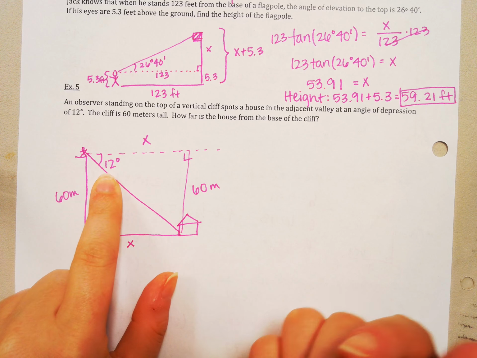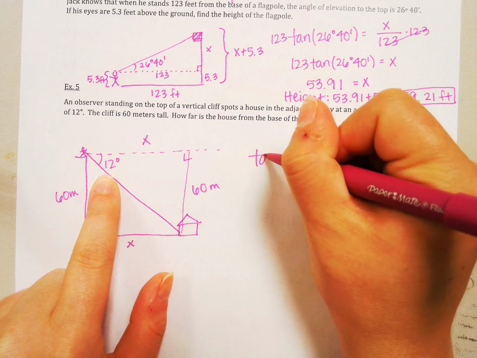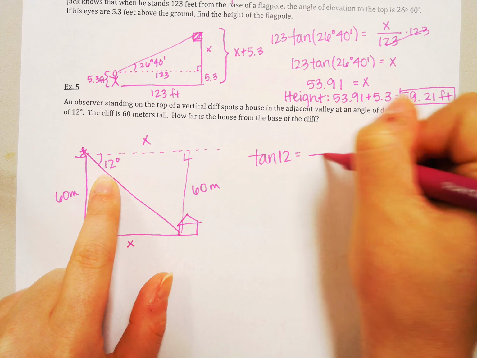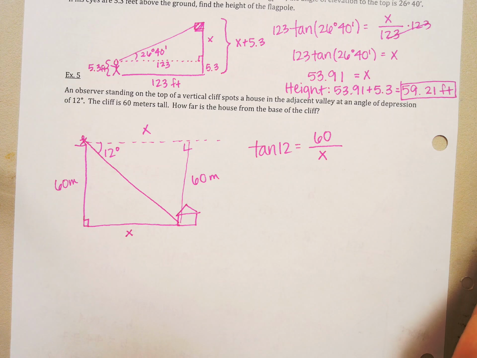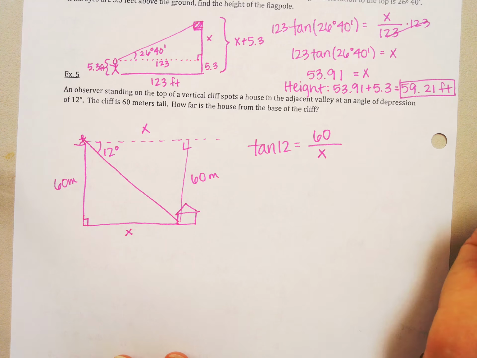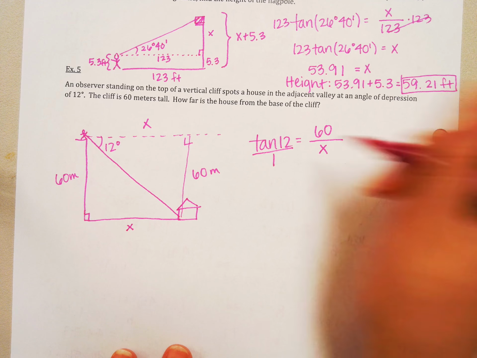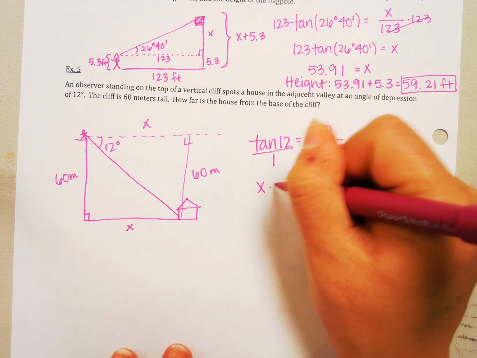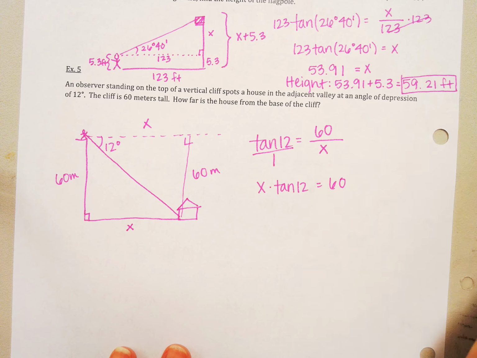So here's my 12 degrees, so I'd be using my opposite side and my adjacent side, which is tangent. So tangent of 12 equals 60 over x. Now this one's harder to solve for because the variable's in the denominator, but I'm just going to make that tangent over 1 and then cross multiply. So I'll have x times the tangent of 12 equals 60 times 1, which is 60.